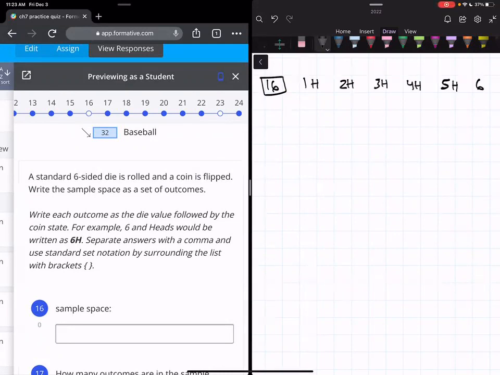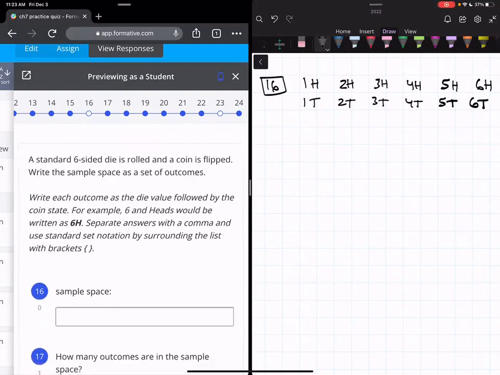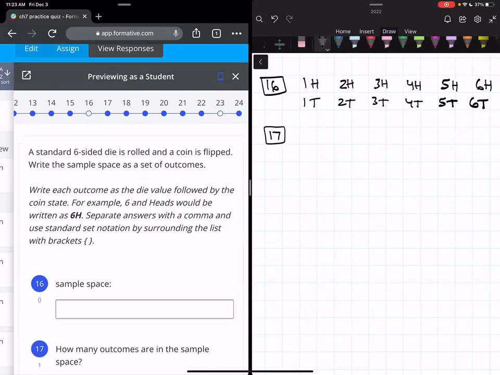They could all be attached to tails. So you type that in the sample space. So how many options is that? 12 options.